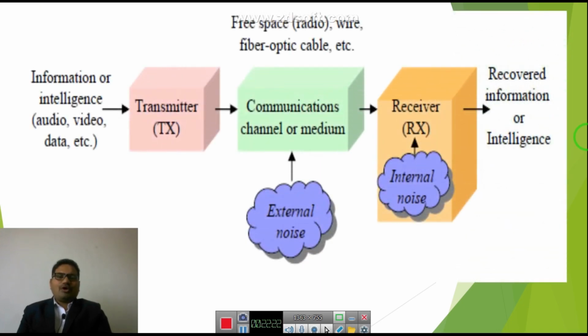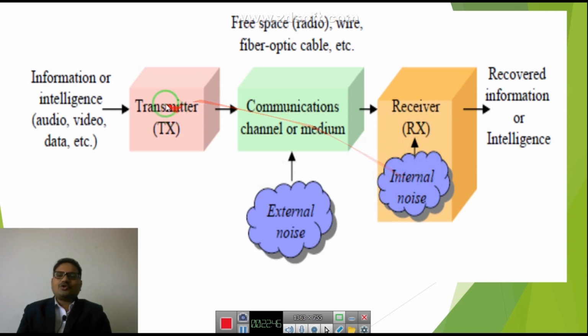Now from this block diagram, you can see how the noise is going to affect your messages or your information. This noise is called external noise, which is added in the communication channel, and at the receiver, whatever noise is there is called what?